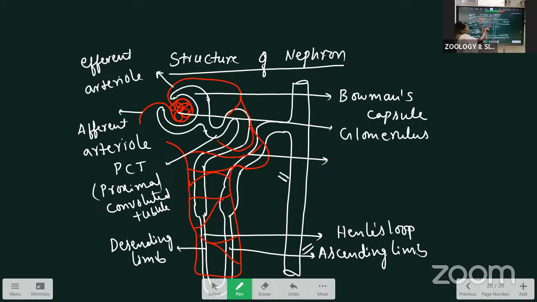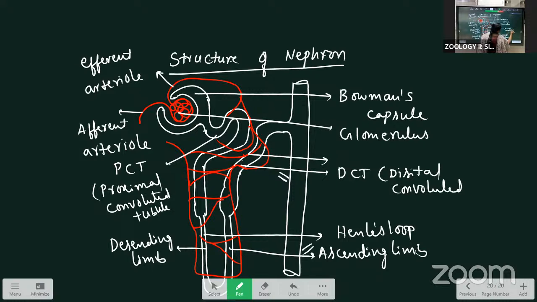Next, this one is the DCT, the distal convoluted tubule. The efferent blood vessel comes out and surrounds the PCT and DCT, and we call that the peritubular network.